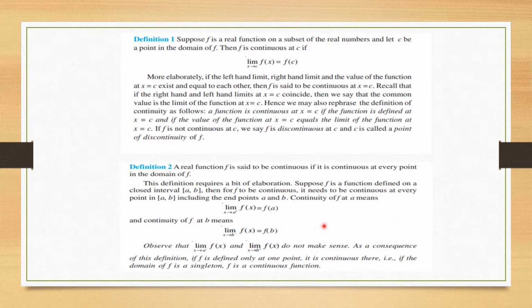Moving from a to b, we are talking about the positive direction, so we talk about a plus, and b is the last point, so we don't want anything after b, we want b from the negative side. The left side of a and the right side of b don't make any sense.